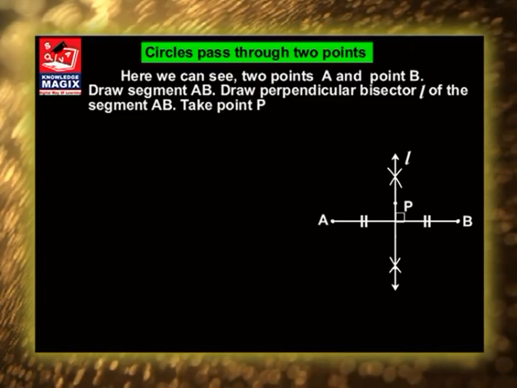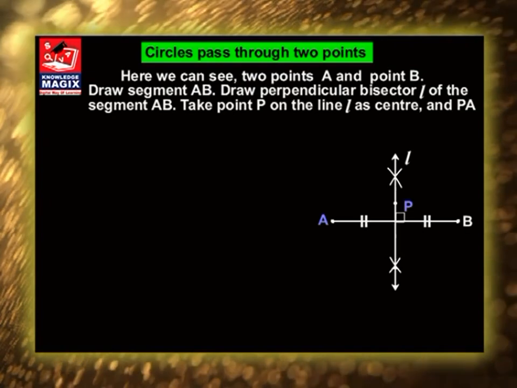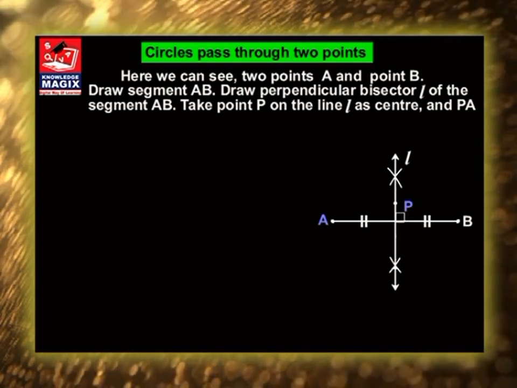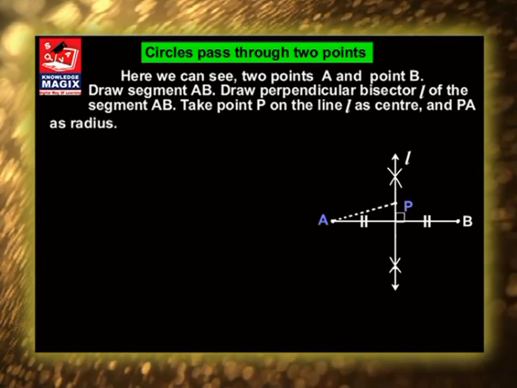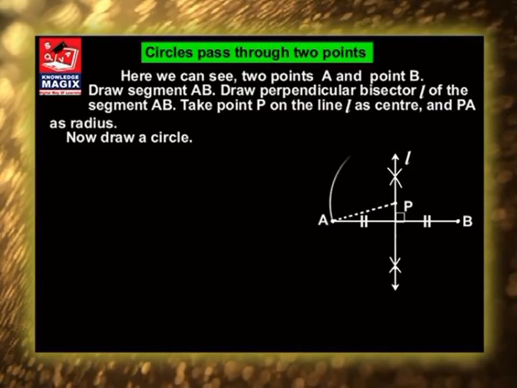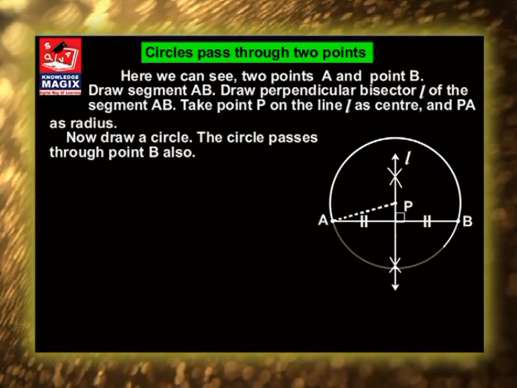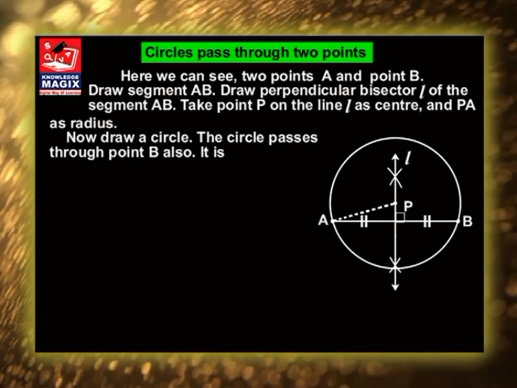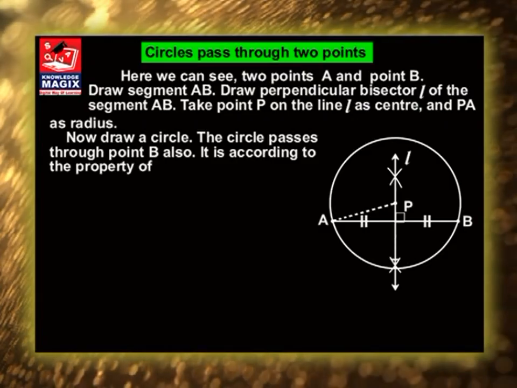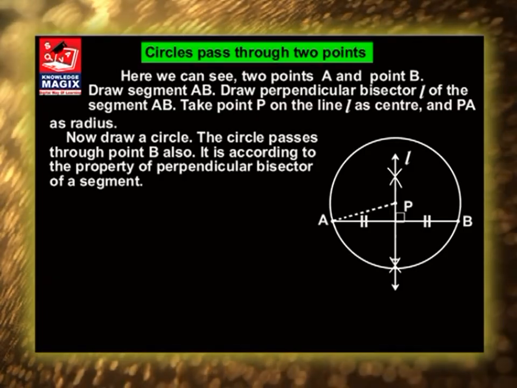Take point P on the line L as center and PA as radius. Now draw a circle. The circle passes through point B also. It is according to the property of perpendicular bisector of a segment.